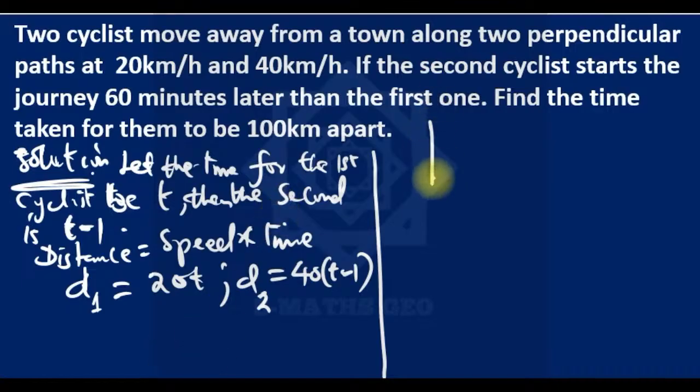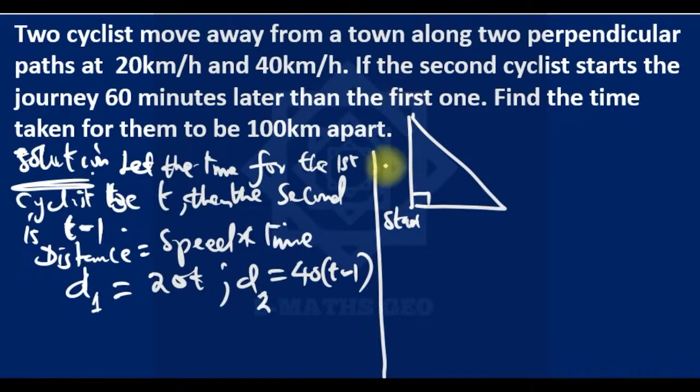Remember, they started here. So this first one moved, maybe this one moved up to be 20t, while the second moved to the other direction, which is 40 times t minus 1. They are 100 kilometers apart.